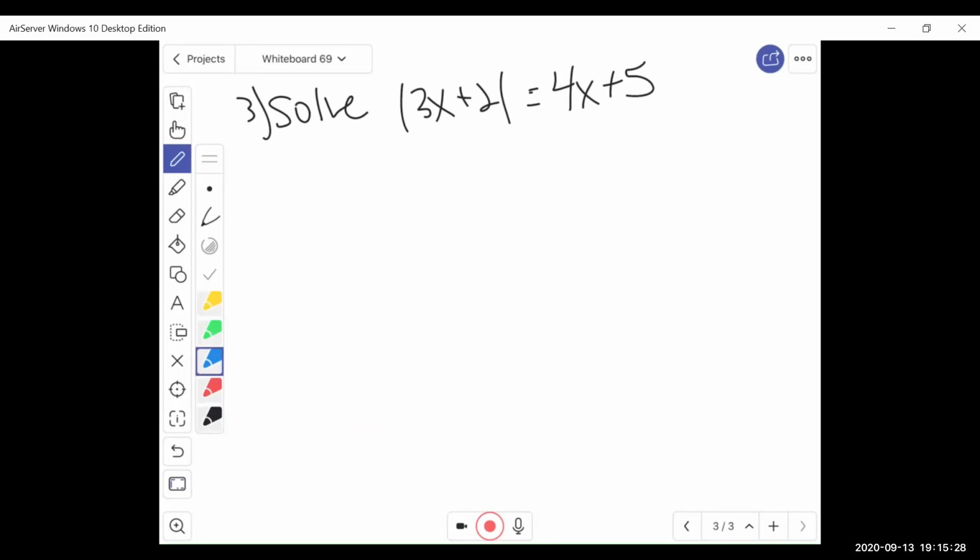Well, again, first step always is to isolate the absolute value. Well, I already have my absolute value isolated on the left-hand side. So that step is done. So next we need to rewrite as two equations.